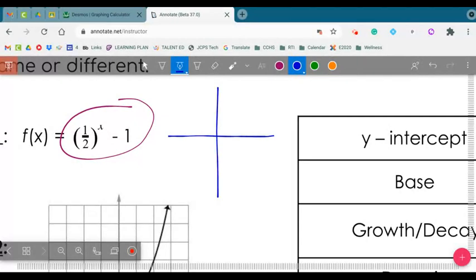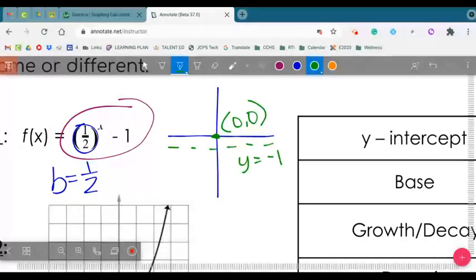So first of all, we know our b value is the 1/2. That is in our equation. So we have to find our a and our y-intercept. So whenever I graph it, my y-intercept's right at 0, 0. And my horizontal asymptote is at y equals negative 1. And then my graph goes like that. That's not the prettiest graph.